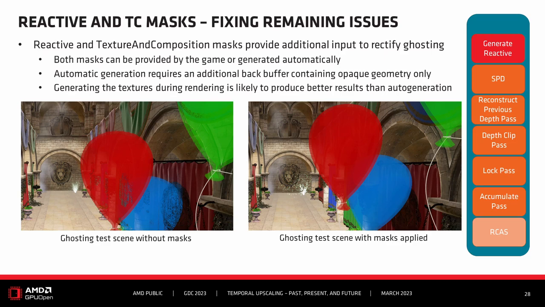And the balloons moving up and down cause locks to stay on screen and thus objects behind the balloons staying visible. So while the automatic generation might be helpful for integration of the technique into your game, if you have the ability to specify the reactive and TC masks directly, that is likely to produce even better results than the automatic mask generation.